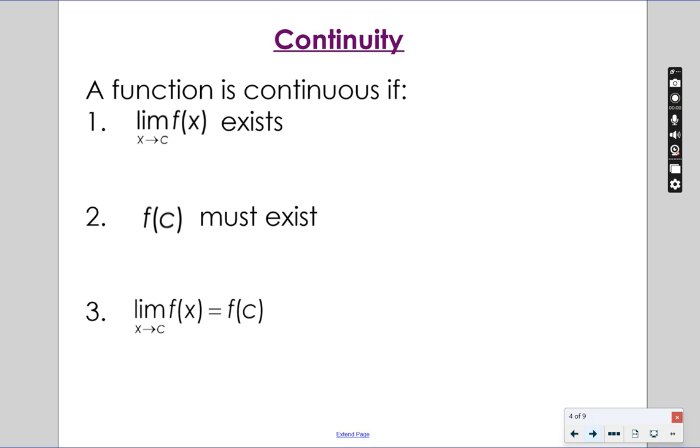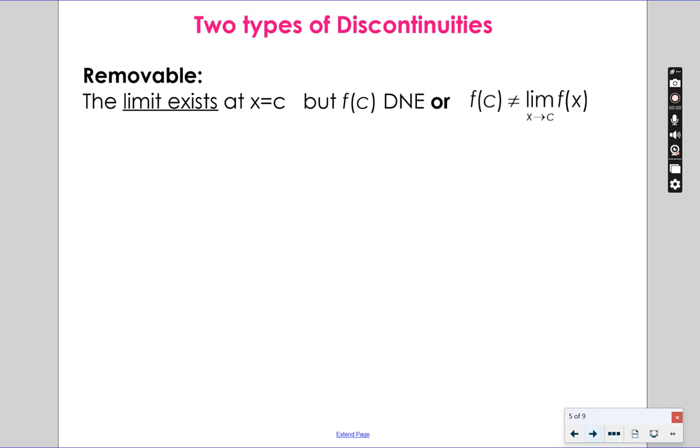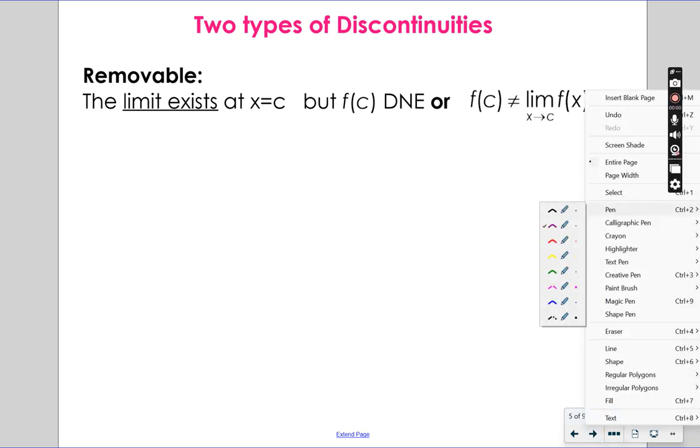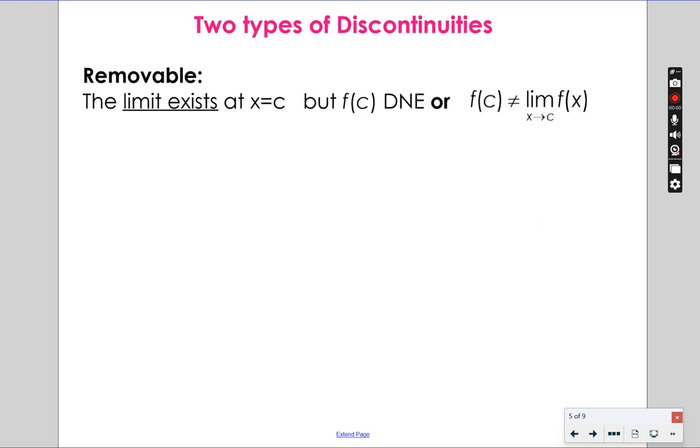All right, so a function is continuous if the limit exists, the point exists, and they match up. So I'm going to draw a graph that will explain it in a second. But let's talk about our first type of discontinuity. It's called removable. A removable discontinuity means that the limit exists. I'm going to draw two different scenarios here.